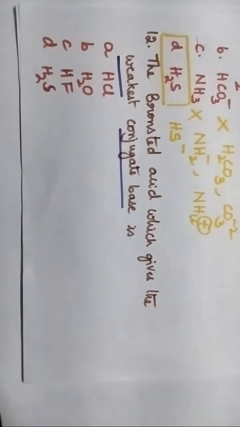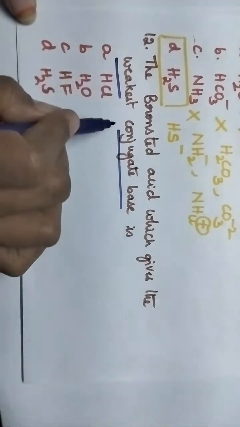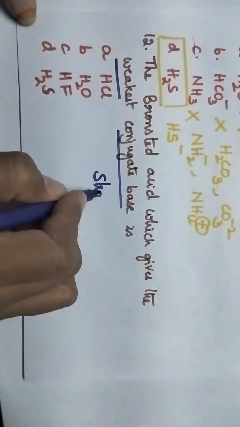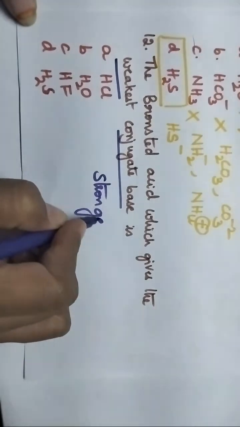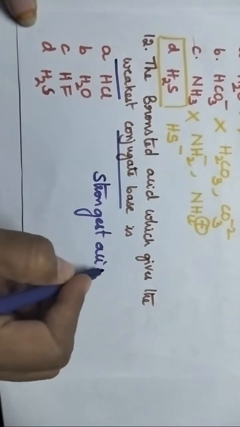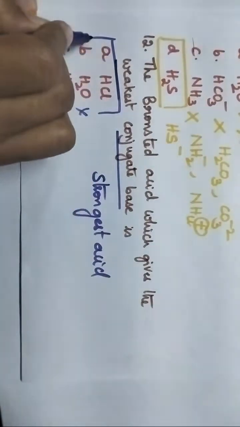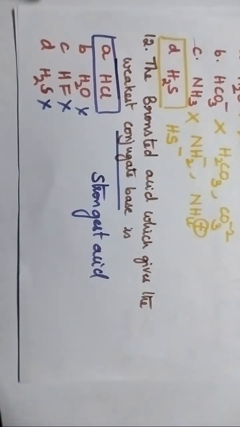Very good, priceless brains. Listen to me carefully. When we are supposed to identify the weakest conjugate base, that means we have to identify the strongest acid. So, HCl is the strongest acid in the given options. So, option A is the right answer.